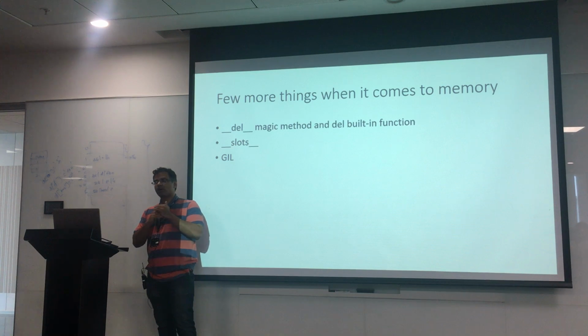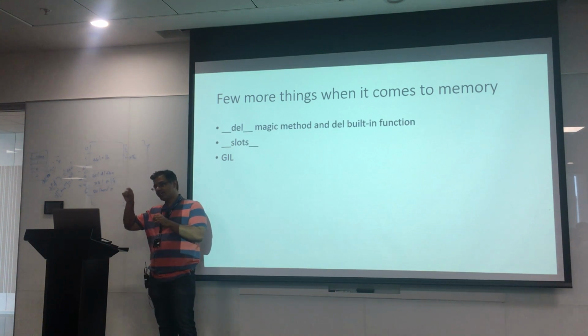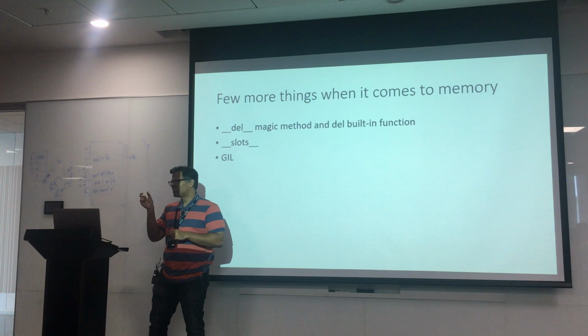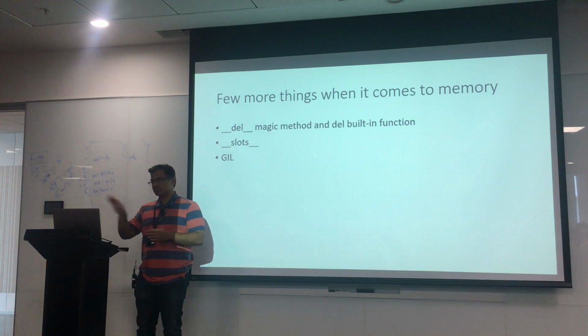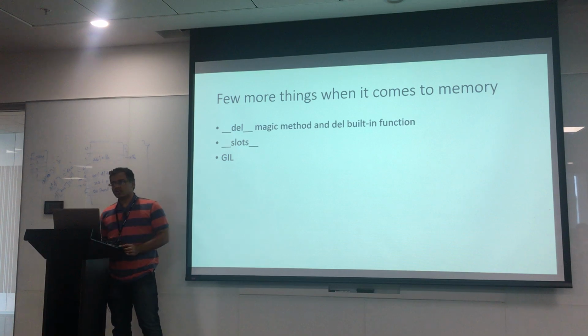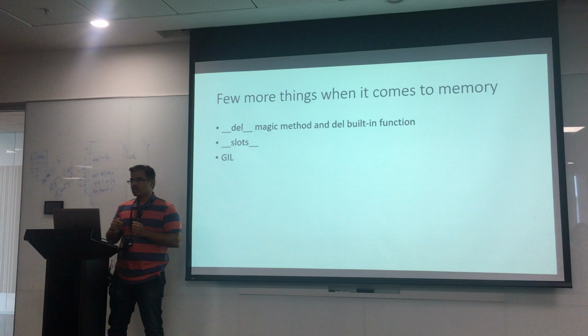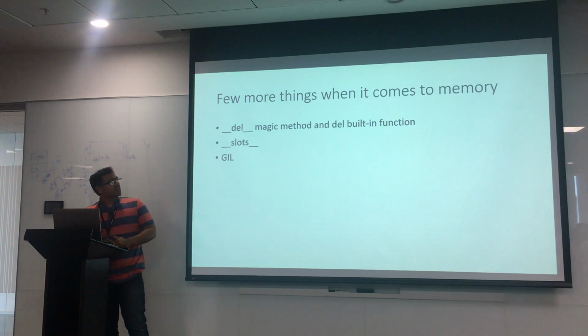It prevents the dunder dict that you have with every class. It won't keep track of that. It will have something known as slots, and only the attributes defined in the slots will be the ones that you can access. So it's kind of a memory management thing.